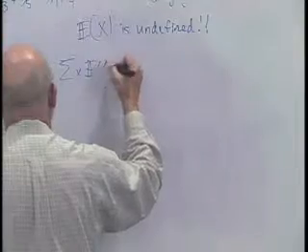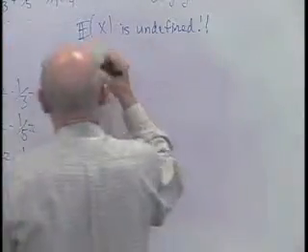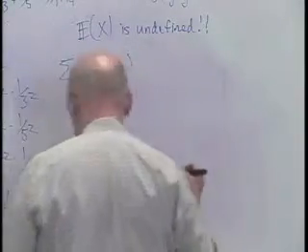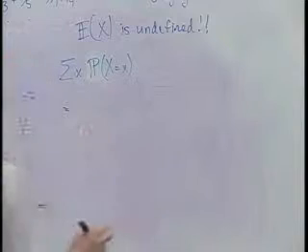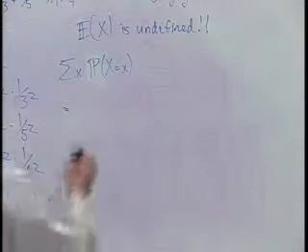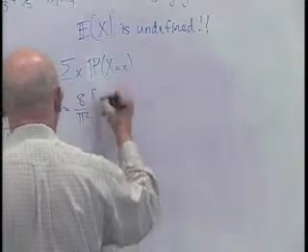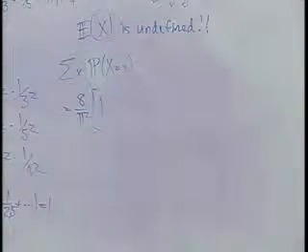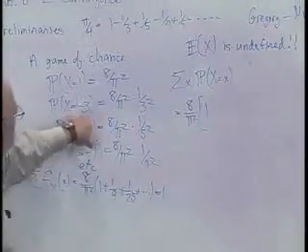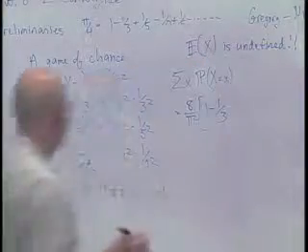The sum of x times the probability that the random variable X achieves the value little x is equal to what? Well, it's 1 times this. So it's 8 over pi squared times 1. And then I have to take this and multiply by minus 3. So I have minus 3 times 1 over 3 squared. That's minus 1/3.